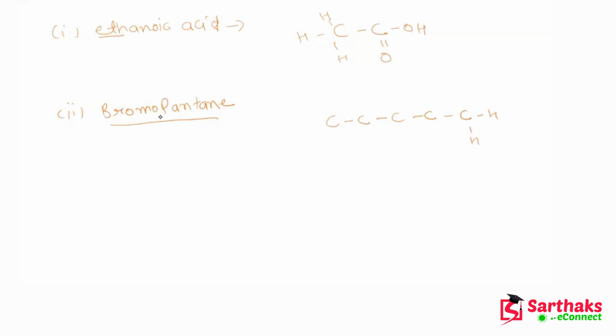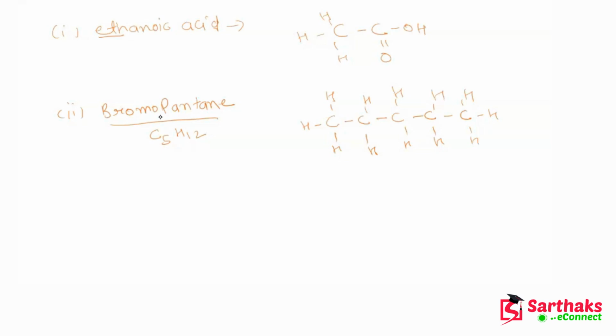Now I will fill all the valencies like this by single bonds only, because I am drawing the structure of pentane. Okay. Now what is the formula for pentane? C5H12. You can see that 1, 2, 3, 4, 5, 6, 7, 8, 9, 10, 11, 12 hydrogen and 5 carbon atoms are here.